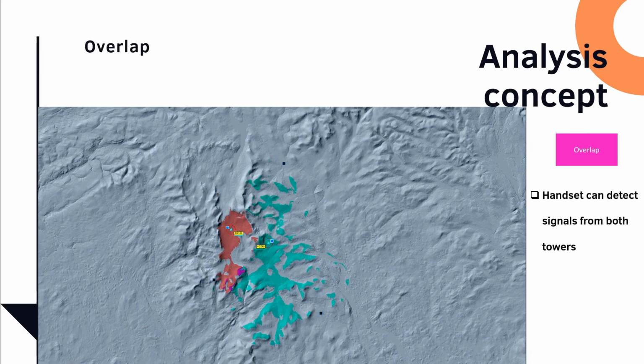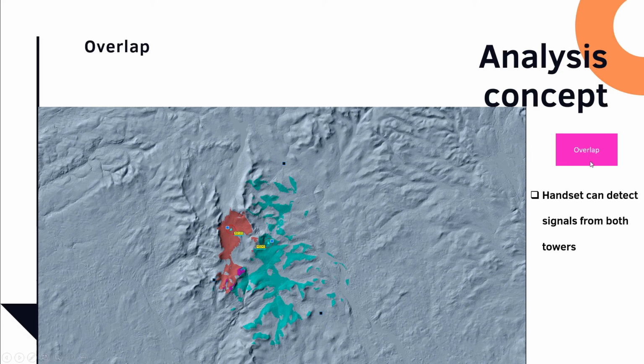So we spoke about composite coverage. We spoke about the best server. Now overlap. Overlap is identifying the locations or the areas where reception is possible from 2 or more cells. In that case, I have 2 cells only activated on the map, just to illustrate this. So you've got 2 cells, and the pink color is here.